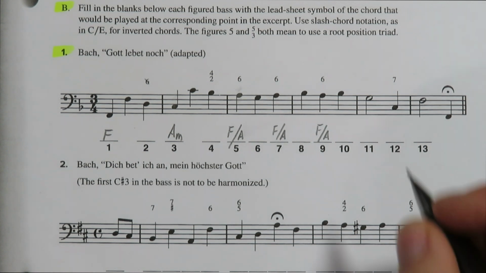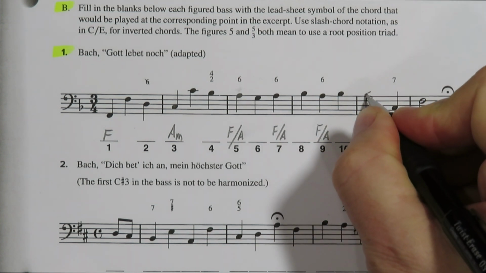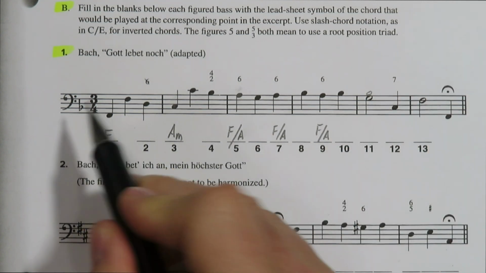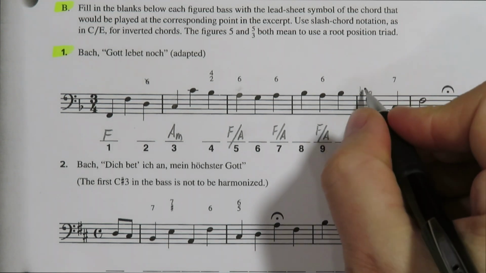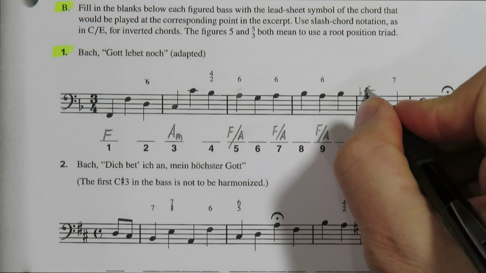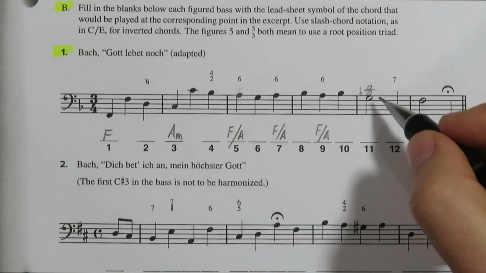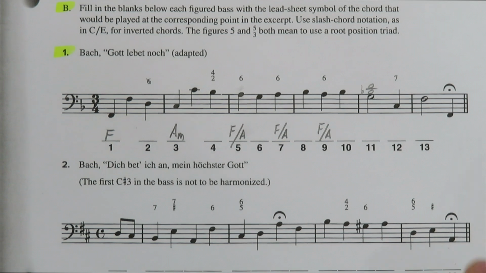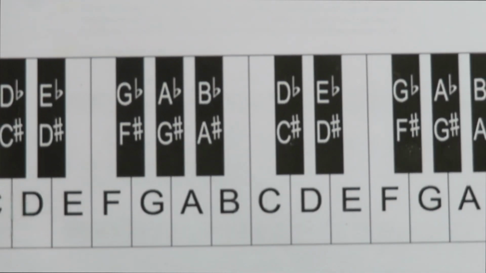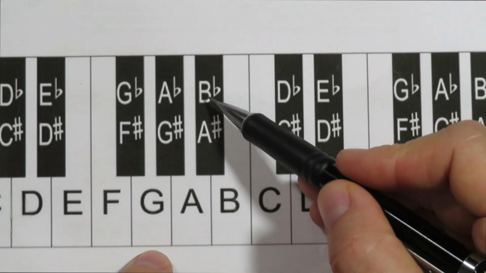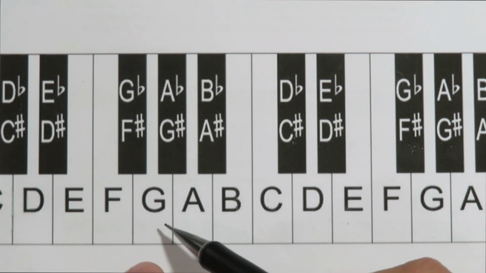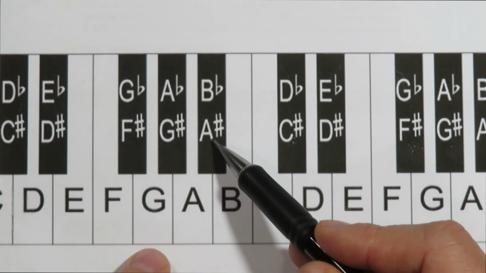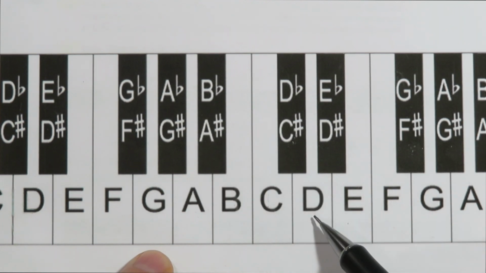So if we stack it up: G, B flat, D. G, B flat, D. That's the G minor triad, right? Because 1, 2, 3 half steps away, there's the minor third, and then a major third. G minor.